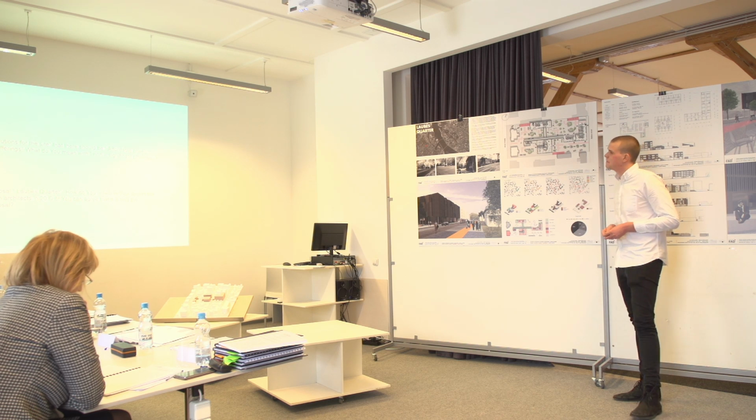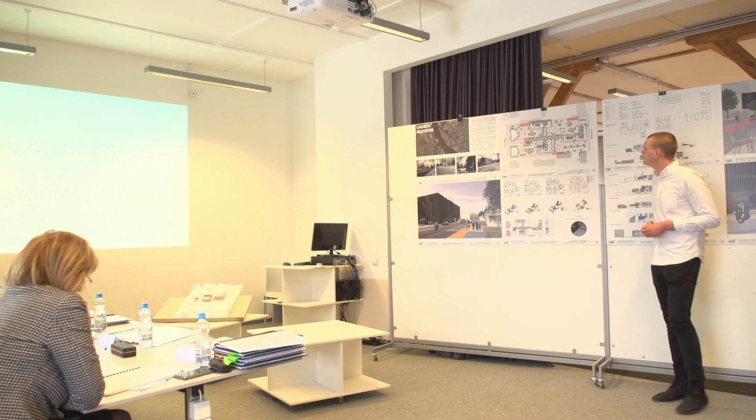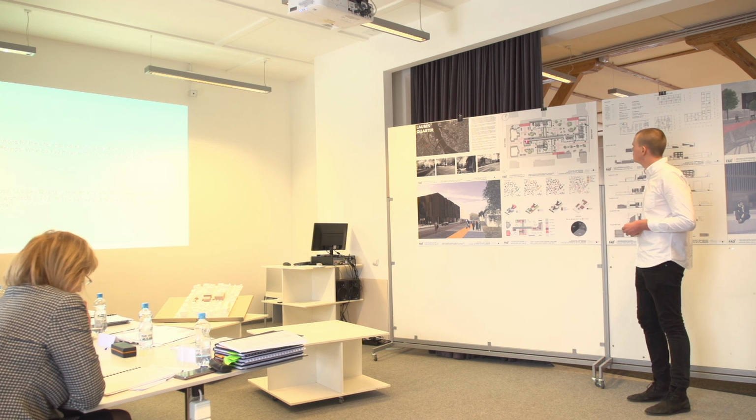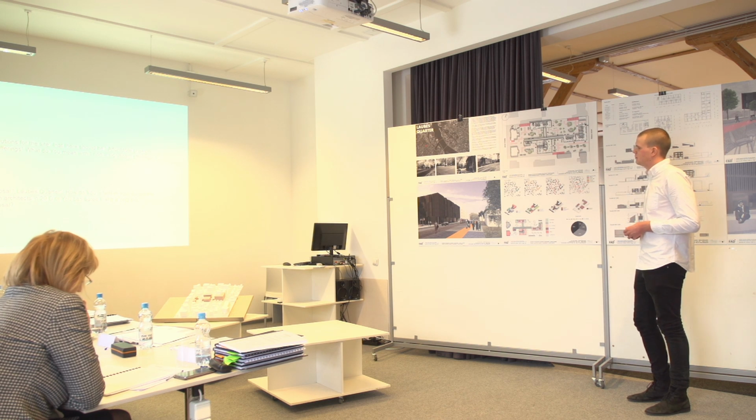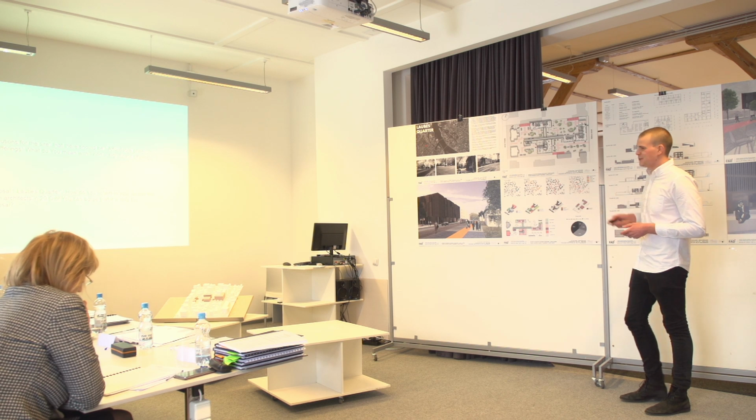And the third doubt is why don't you connect the covered street with these other buildings? Because you are treating these other buildings also. You are considering this. So why not? Sorry, three questions.